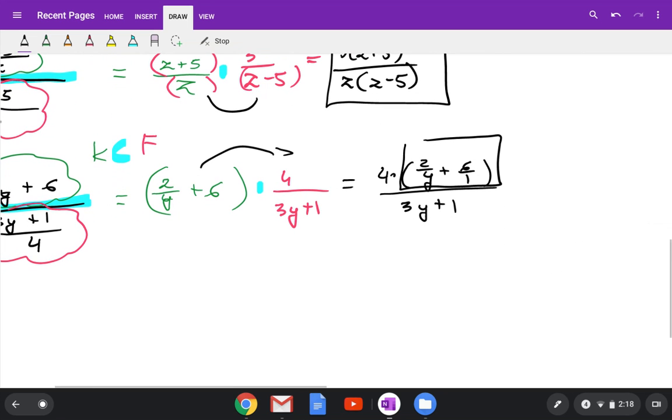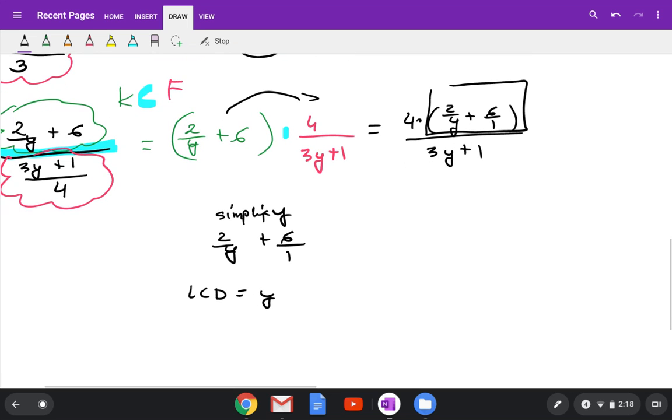I want you to add that. So simplify 2 over y plus 6, which is the same as 6 over 1. So you have y in denominator and 1, so that means LCD is equal y.